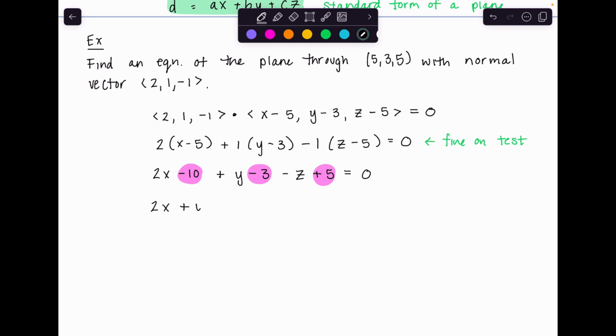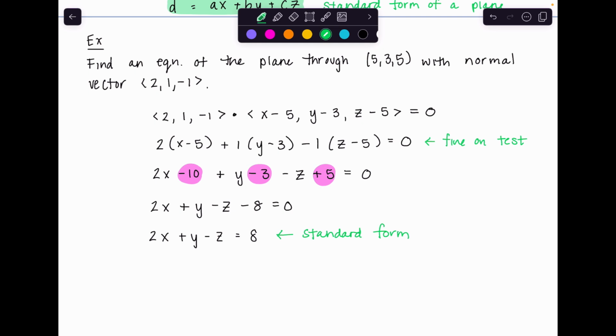So that's 2x plus y minus z minus 8 is 0. And then you just move the constant to the other side. So this would be standard form. Okay. So hopefully not too terrible.